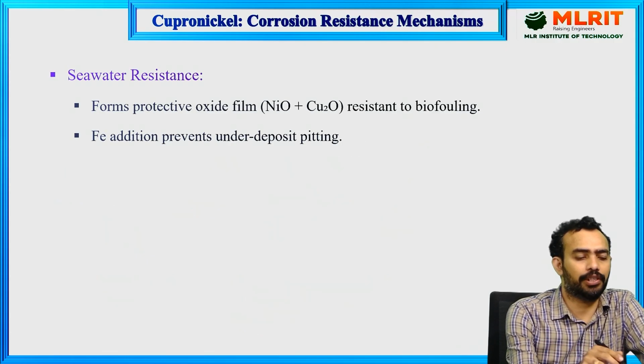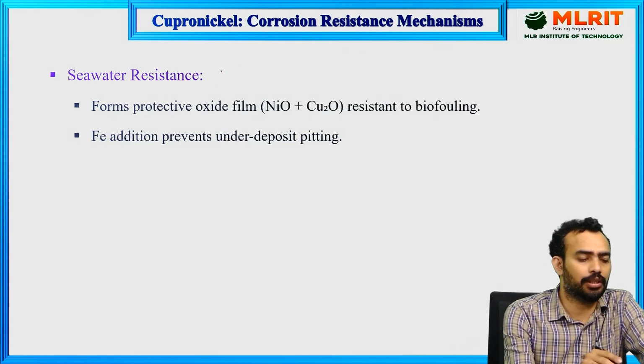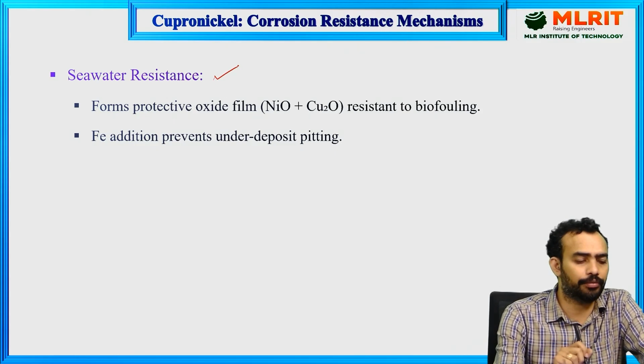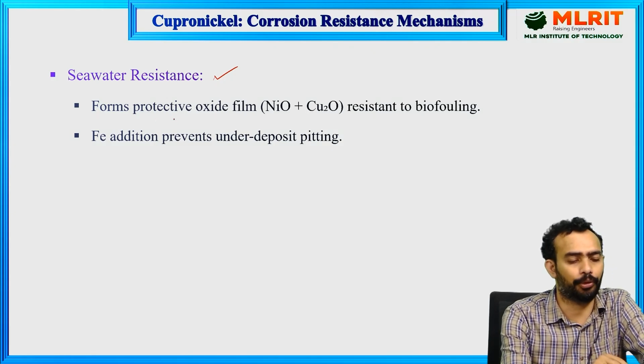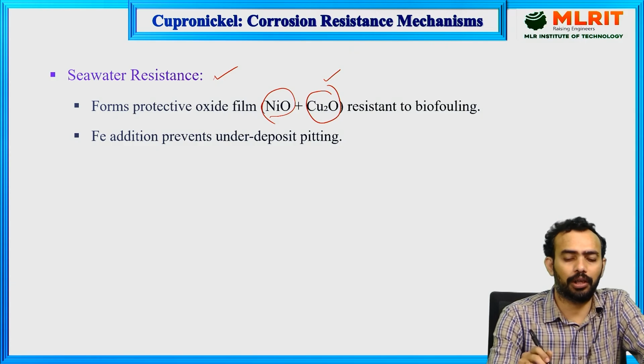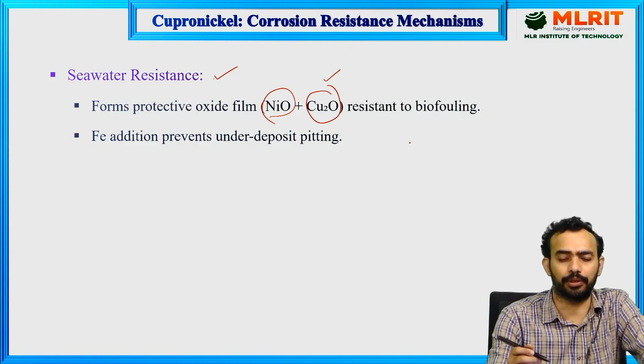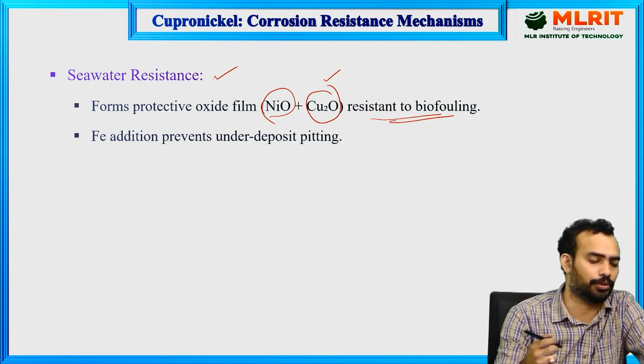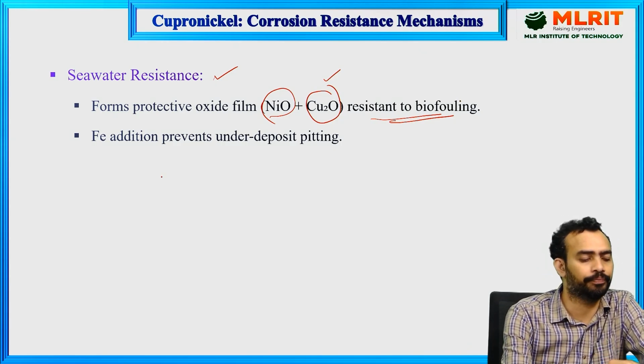Then, as we have discussed, there is corrosion resistance. Seawater resistance is pretty good. It forms a protective oxide layer of nickel oxides and copper oxides, CuO. Copper oxides and nickel oxides both offer resistance against corrosion. It is also resistant to biofouling, so it prevents fouling, particularly biofouling.